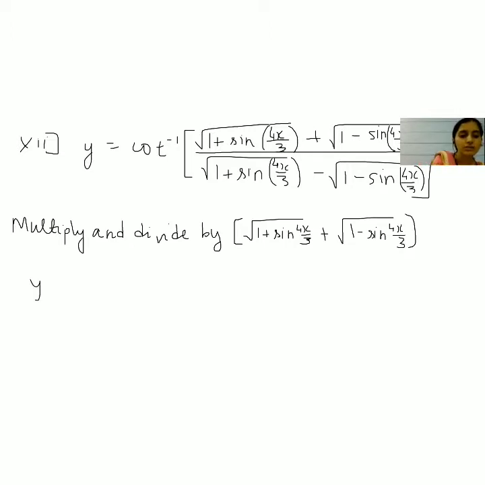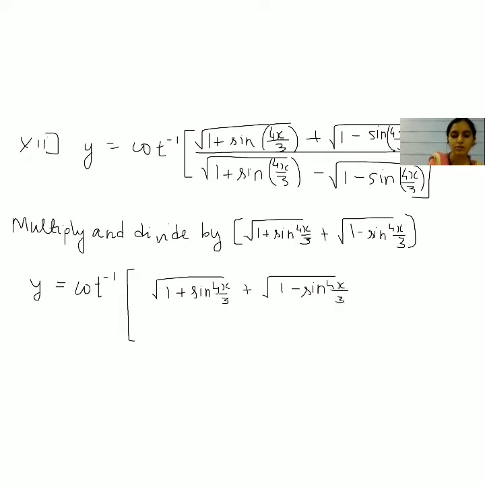So you'll get y is equal to cot inverse of, okay, bracket. Now, if you multiply the numerator, you're going to get a plus b the whole square. So root of 1 plus sine 4x by 3 plus root of 1 minus sine 4x by 3, right? This is your angle.